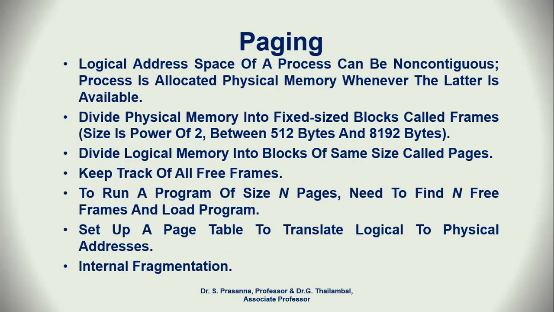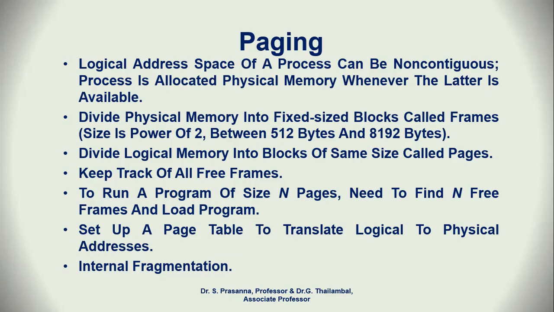Only when you have n free frames for n pages can you store it in the physical memory. Otherwise, you are not able to store it. For example, you have 10 pages in the logical memory, but you have only 8 spaces available in the physical memory. You cannot store that program into the physical memory.